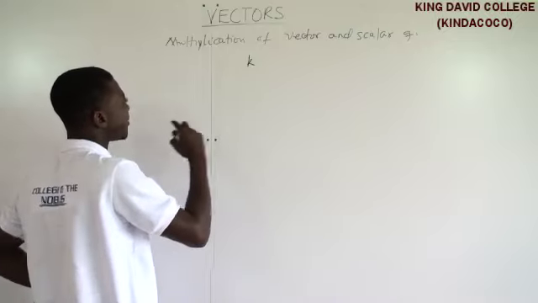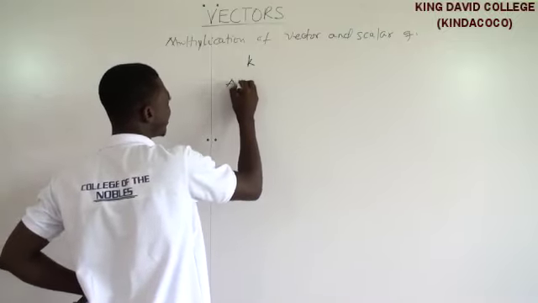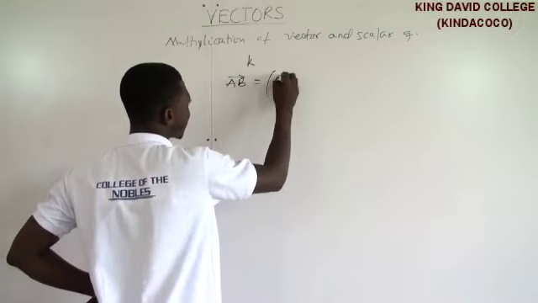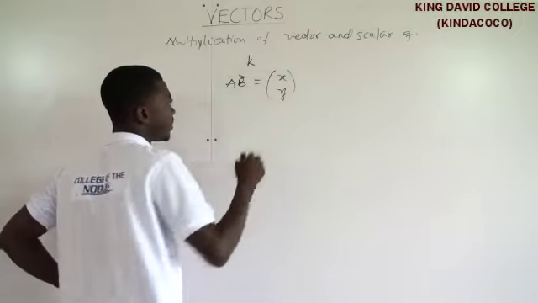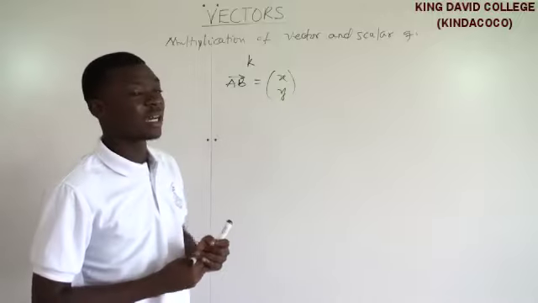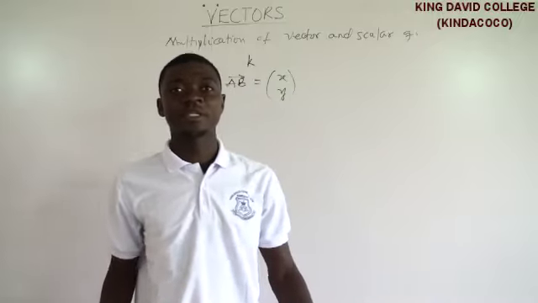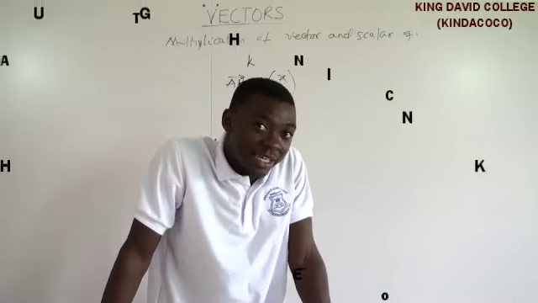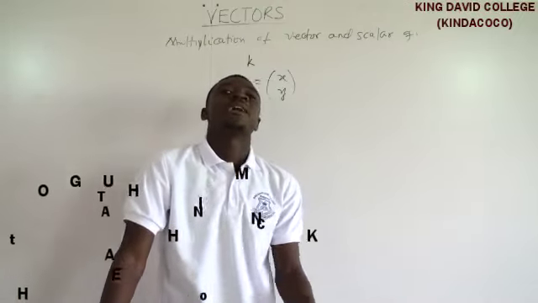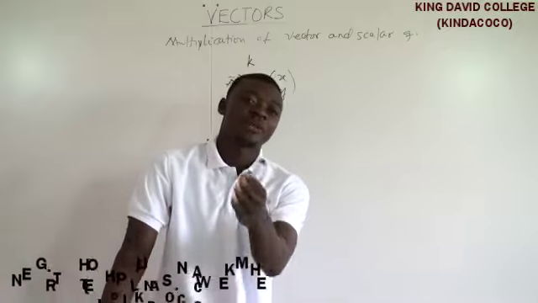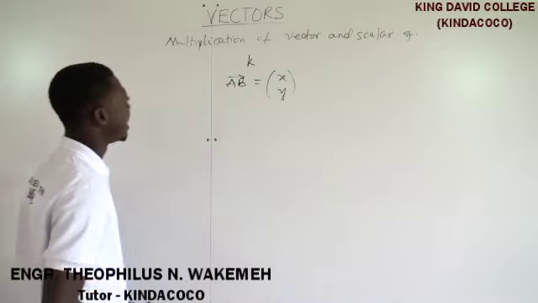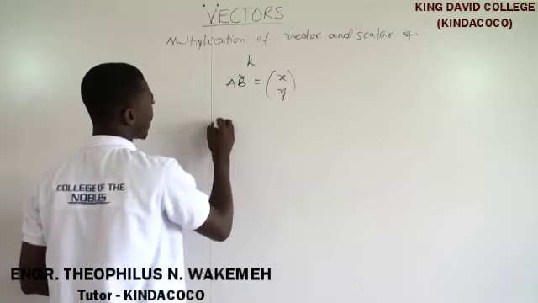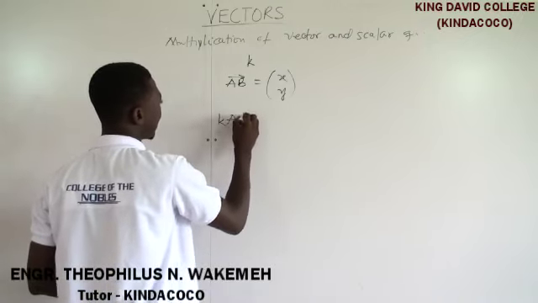And then we have a vector, let me still use AB. We have vector AB as x and y. Supposing we have a scalar k, or maybe scalar can be any number at all. That's why we represent it by k, a constant. And then we have this vector AB, which is x and y. Very good. And then he asks you to find the value for k vector AB.